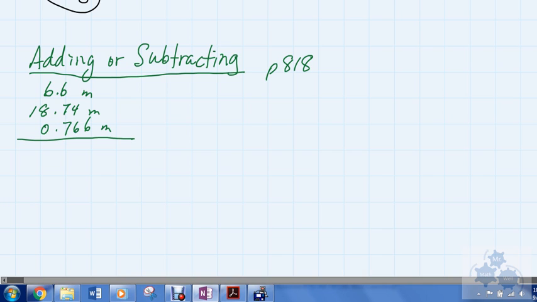This right here is the ones column, and this is the tenths column, and so on. So you keep everything lined up vertically when you're adding or subtracting.